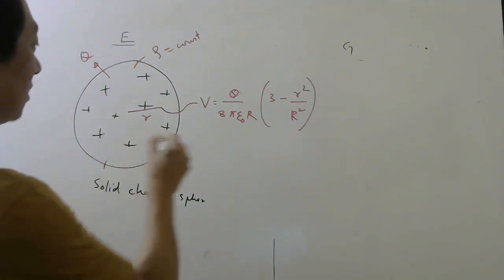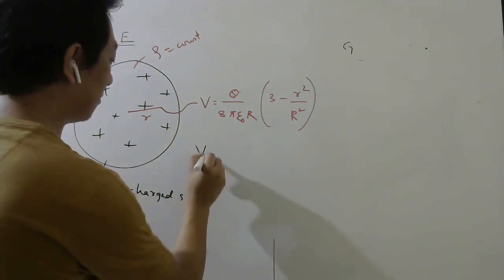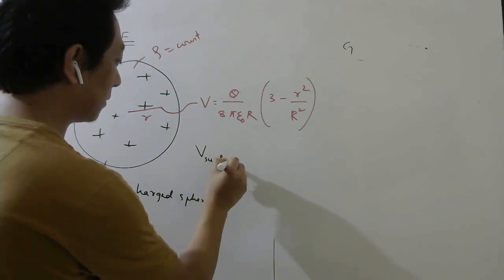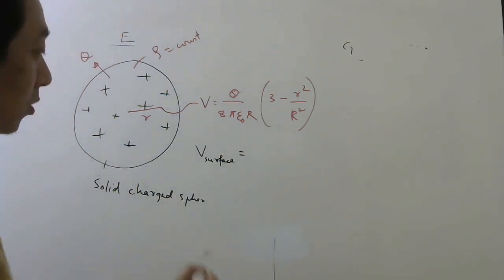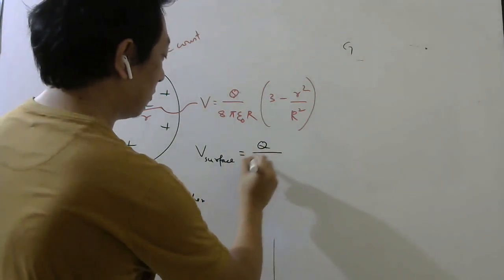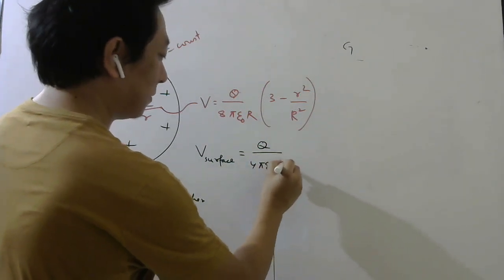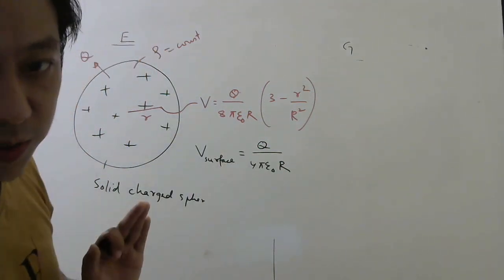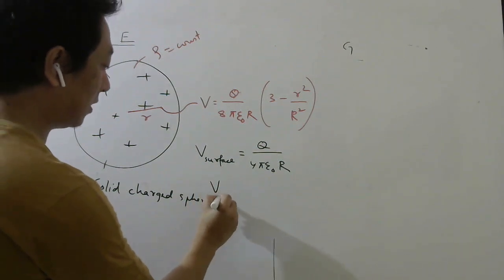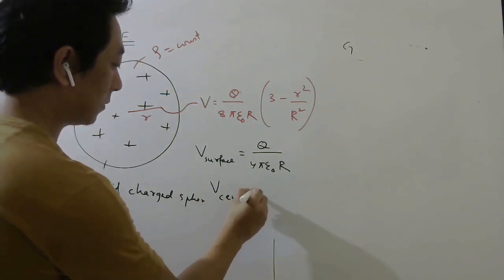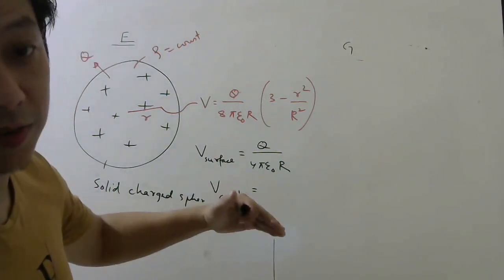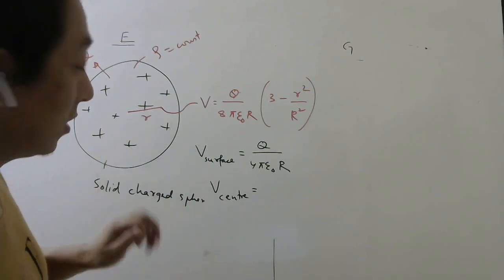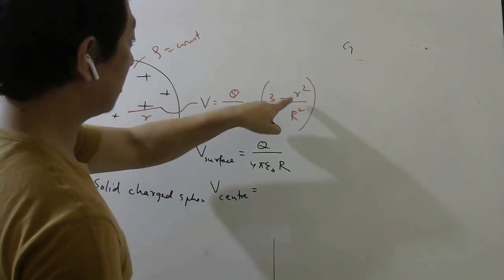One important thing to realize is that at the surface your potential must be Q by 4 pi epsilon naught R. At the surface, this formula should be true. And at the center, it will not be the same as on the surface because it is not a hollow sphere. So for potential at the center, small r should be 0.